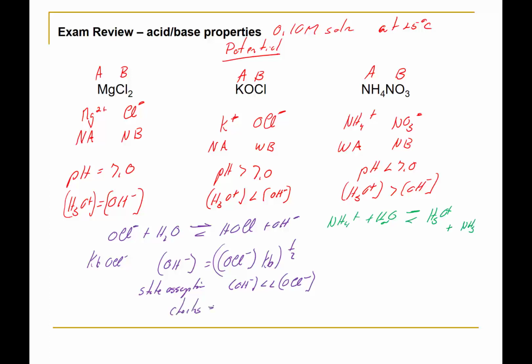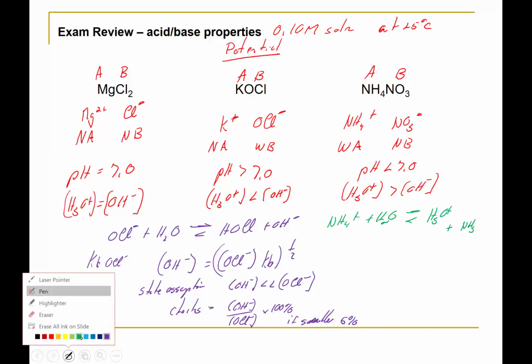The check calculates the hydroxide ion concentration that you calculated, divided by the original hypochlorite concentration, times 100%. And remember, the check is valid if smaller than 5%. All right, so it's a classic calculation to find, in this case, the hydroxide concentration. Once you have the hydroxide concentration, you can find the pOH and therefore the pH.